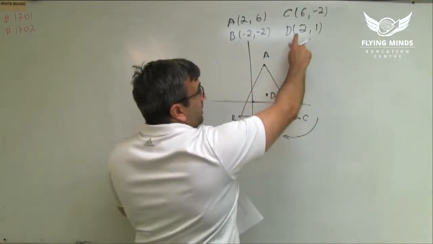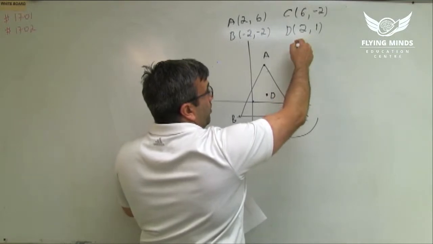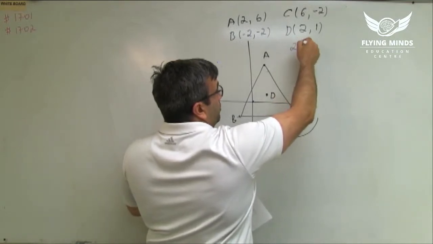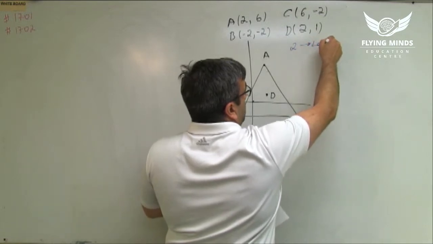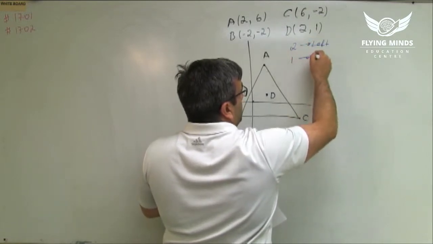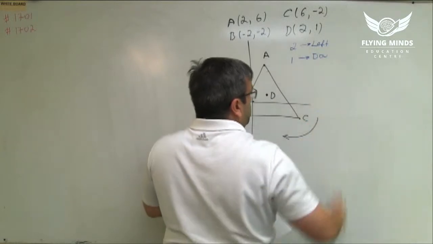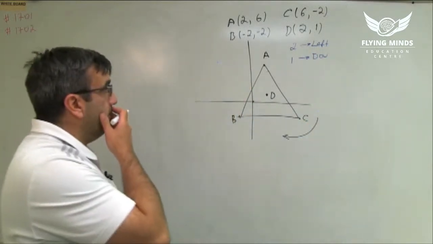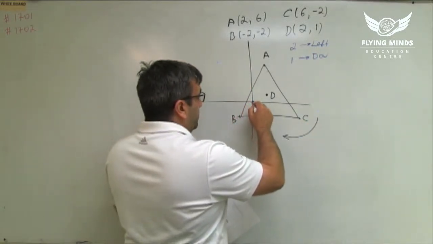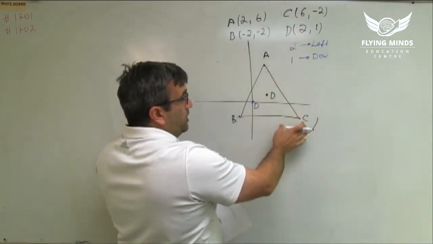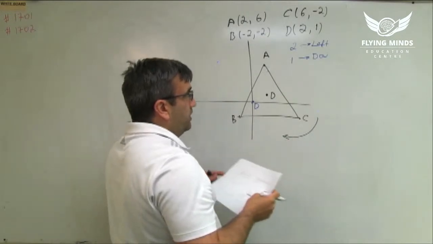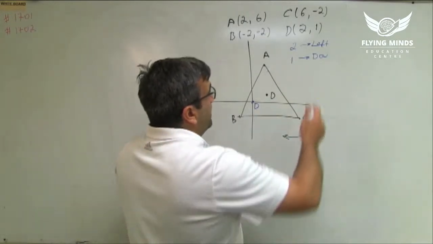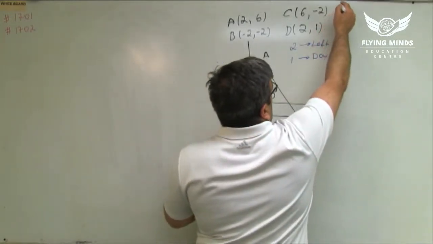To move this point, it will be 2 units to the left and 1 down, right? Now my point will be here. Because we're only interested in point C, we need to find the new coordinates of point C. So 2 left and 1 down.